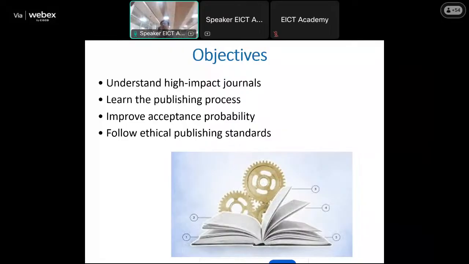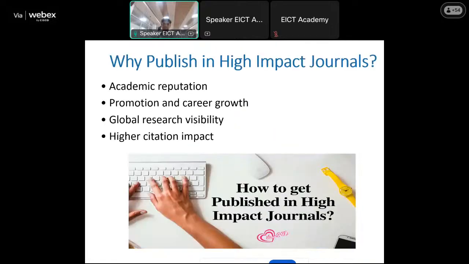But according to me, I feel that you first choose the venue and then you should write down your article. This way it will help you to improve the acceptance probability, and definitely you need to follow some sort of ethical publishing standard for that. So that we are going to discuss.